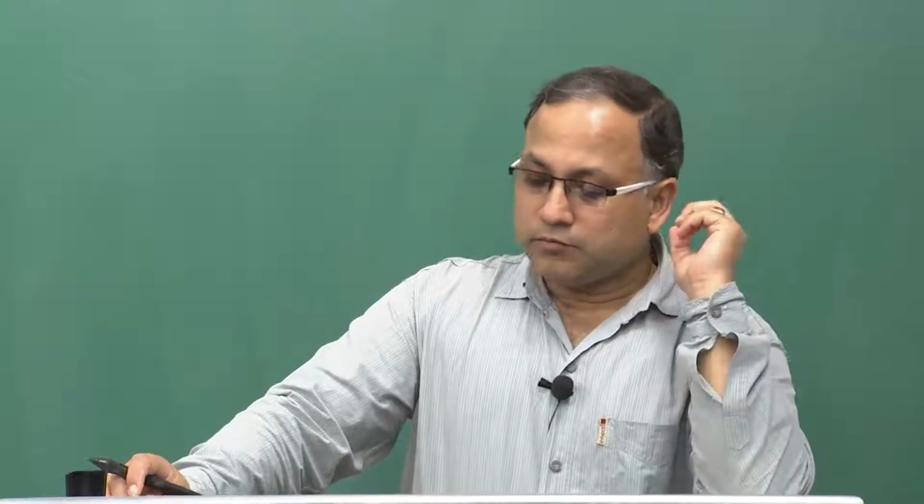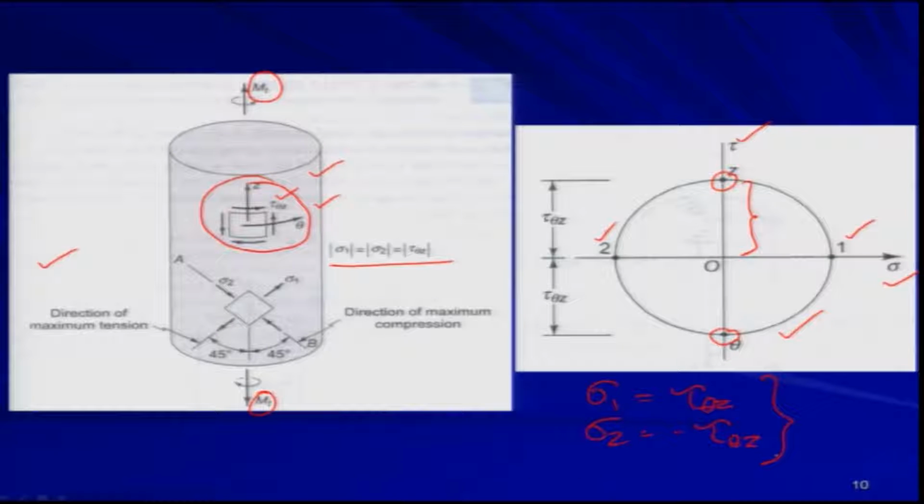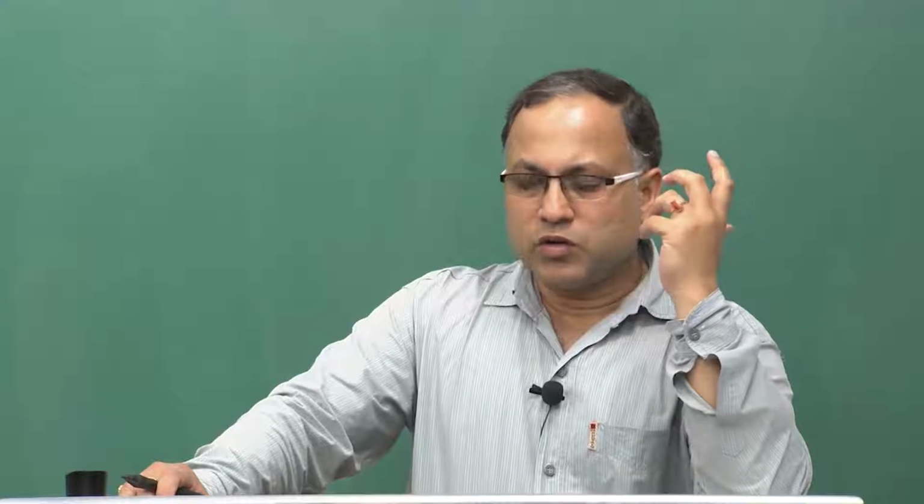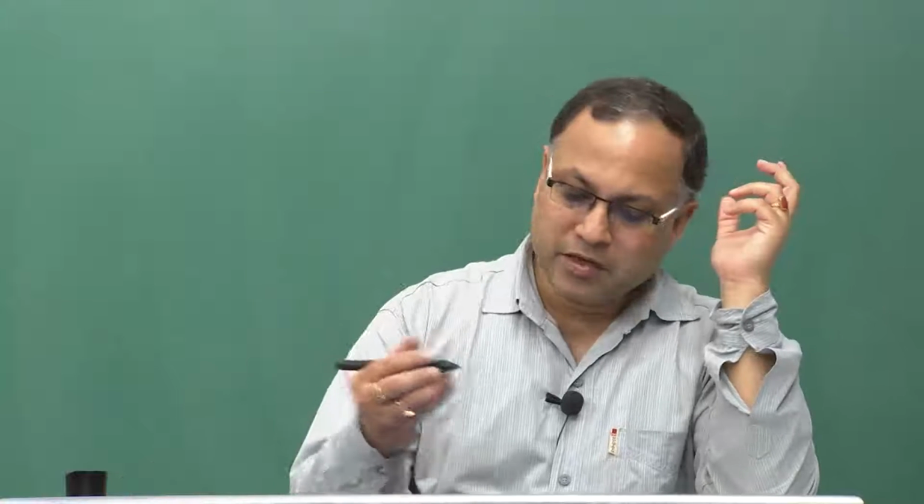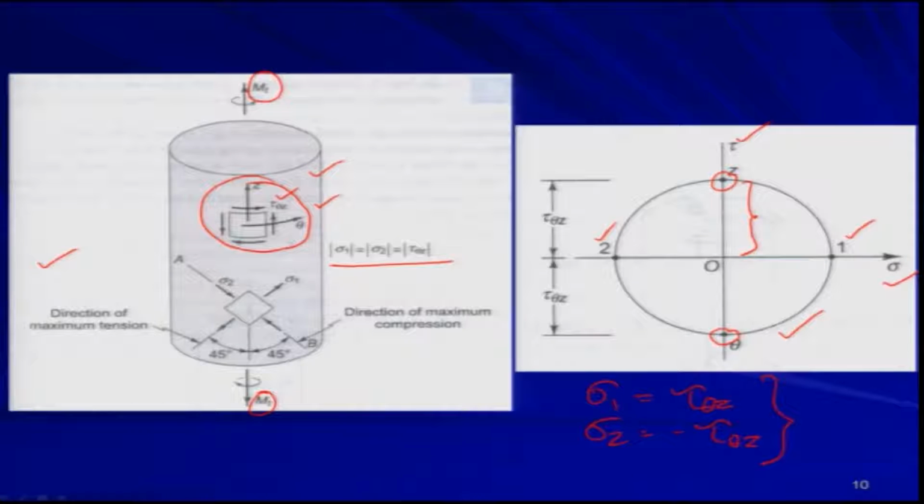Sigma 1, the major principal stress, is tensile, whereas the minor principal stress sigma 2 is compressive, and that can be shown like this. If we rotate the axis, between the theta axis and the major principal stress axis, that is theta and 1, the angle on the Mohr circle is 90 degrees.